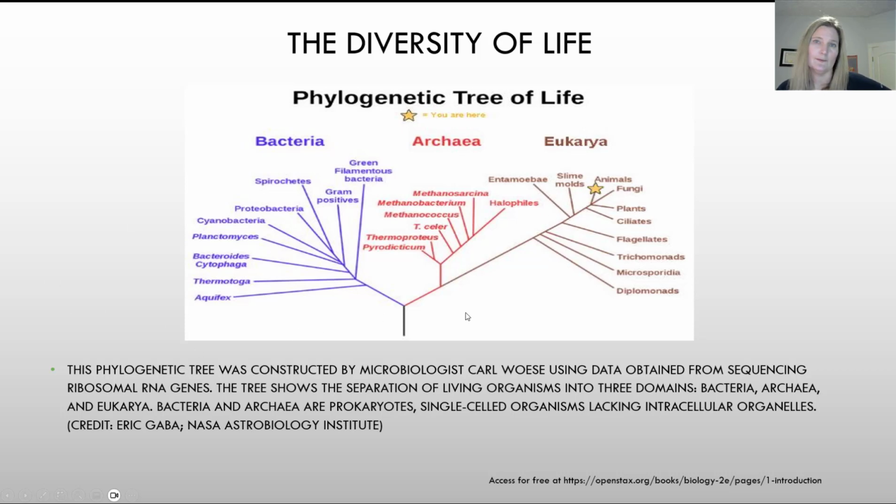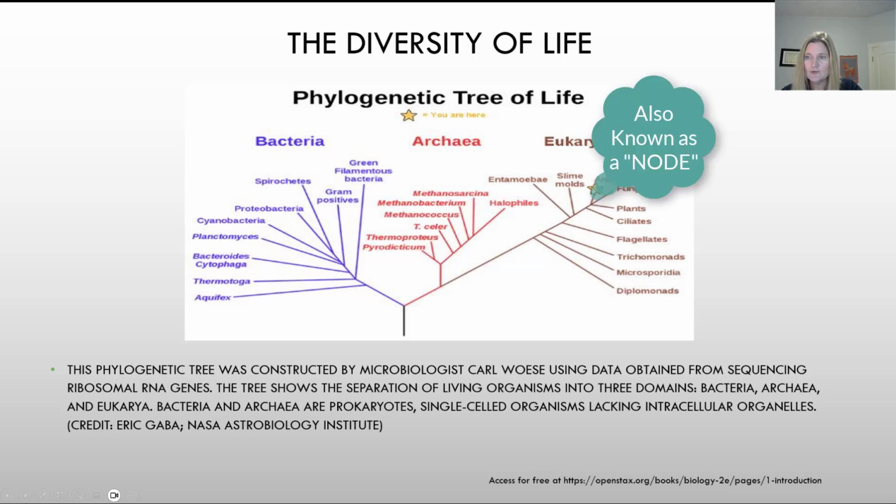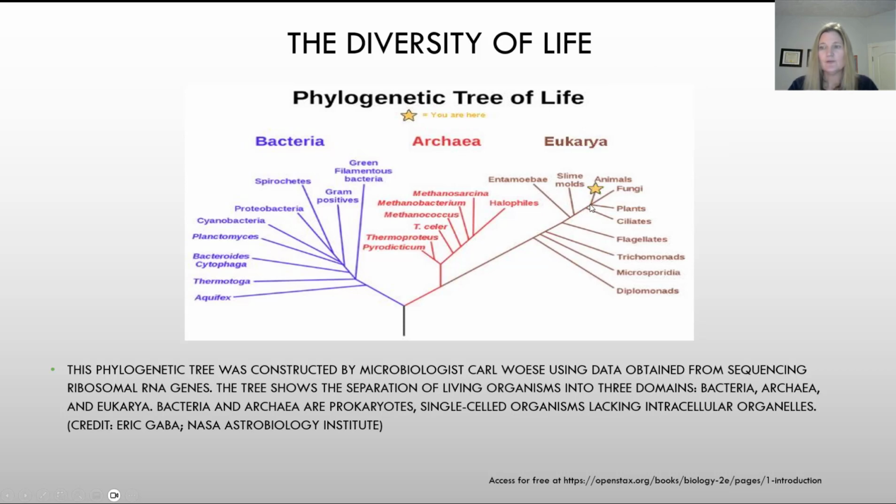Sometimes they will also include extinct living things, so things that have existed in the past as well. But if you follow a specific group of organisms, in this case, such as the animals, if you follow it down, you'll see that it ends where there's a connection, okay? That's actually called a node. And that is going to show a common ancestor. And it also shows the distance of time that has taken place.